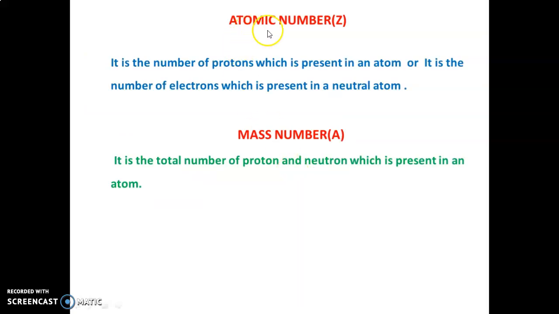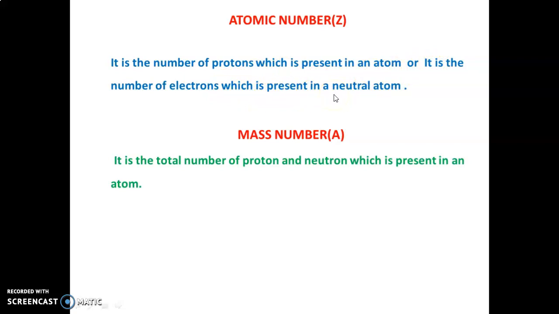Now the next concept is atomic number. Usually we write the symbol capital Z, the last letter of the English alphabet. Atomic number is the number of protons present in an atom.